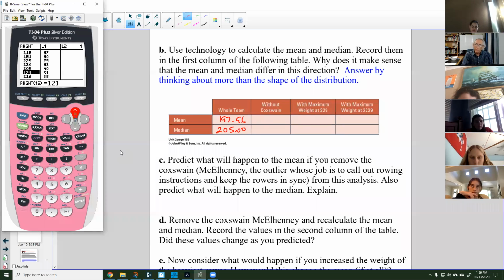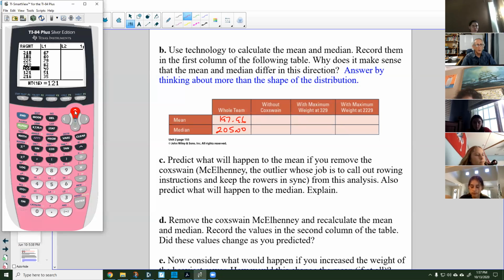But the problem is if I delete him in this editor, it is now editing my rower's weight data, and the coxswain is permanently eliminated from that data. And I can't use it again. I've tainted the data. I've soiled the data. And I don't want to do that. I want my rower's weight data to be correct. I don't want to mess with it. Is everybody understanding what I'm saying here? I don't want to go in there and edit it. I want it to be like it is.